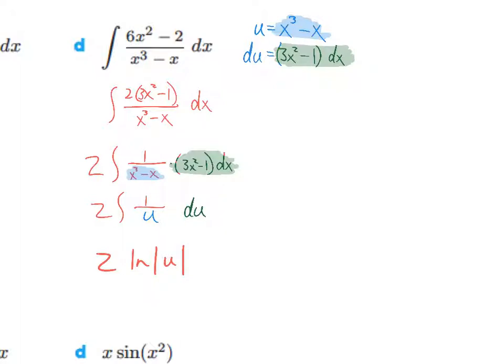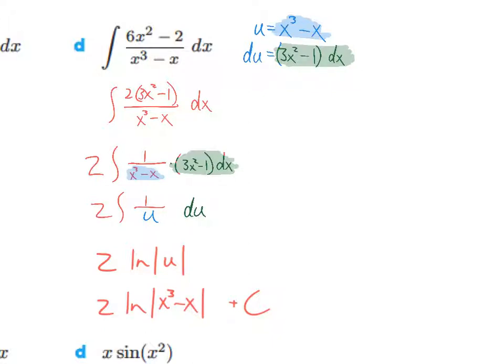And we need to go ahead and plug the u back in. So 2 ln of the absolute value of x cubed minus x plus c. And there's actually one more step we could take.